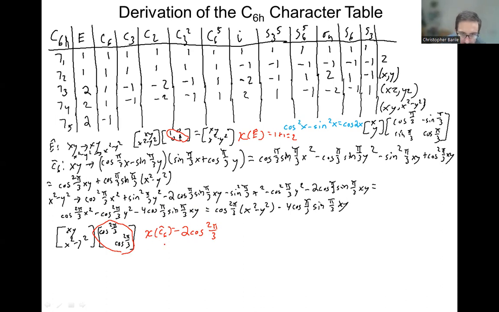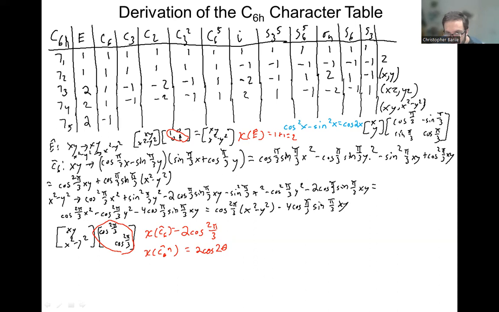We can generalize this equation. What's nice is we can think about this for any C6n, and it's just going to be 2 cosine 2 theta, where theta is how much we rotated by. In this case, we had C6, so we rotated by 2 pi over 6, which is pi over 3.